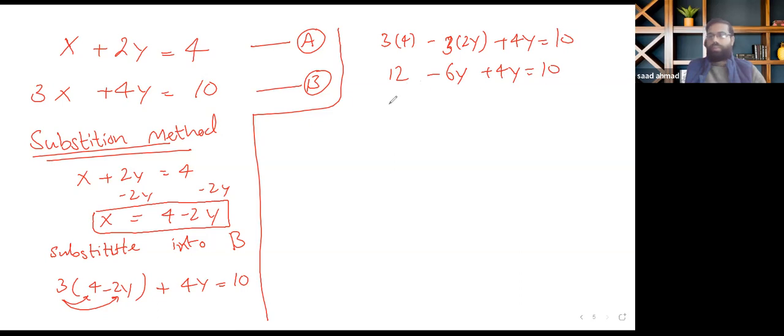So now let's combine the like terms, these two. So 12 minus 2y equals 10. And let's subtract the 12 on both sides. So we will get minus 2y equals minus 2.